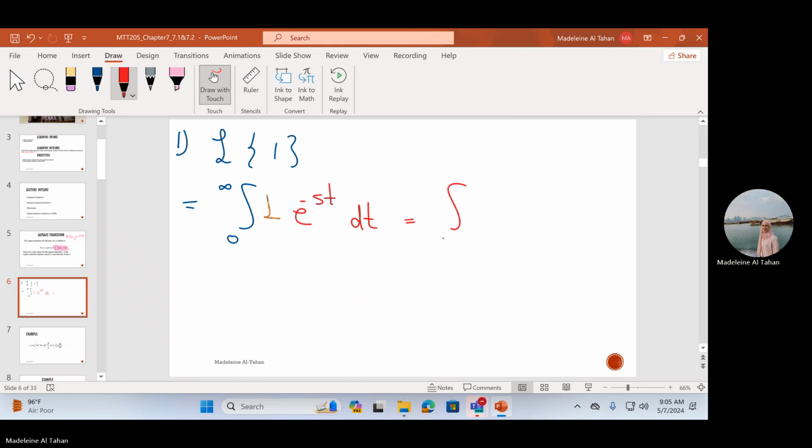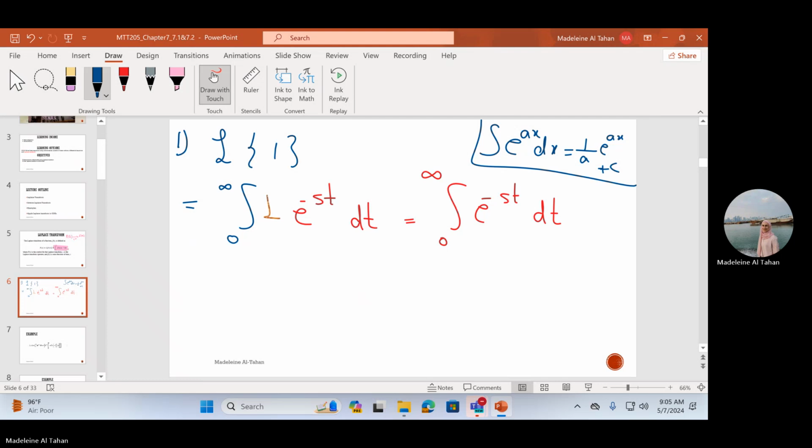So what did we get here? Use this formula to know the integral of this: 1 over negative s, e to the negative st. All of us agree. We cannot evaluate something at infinity.